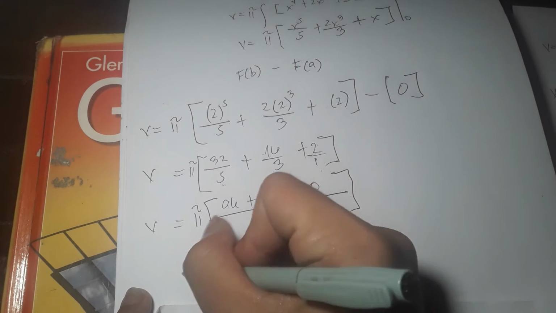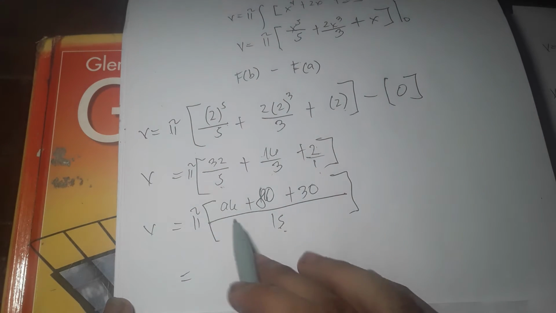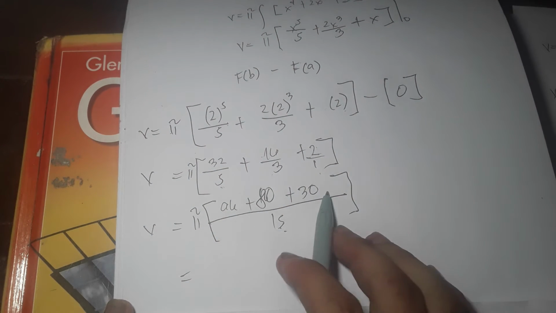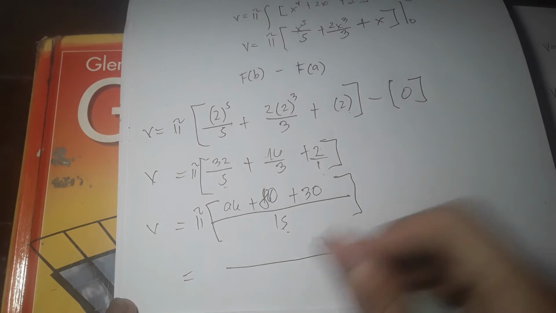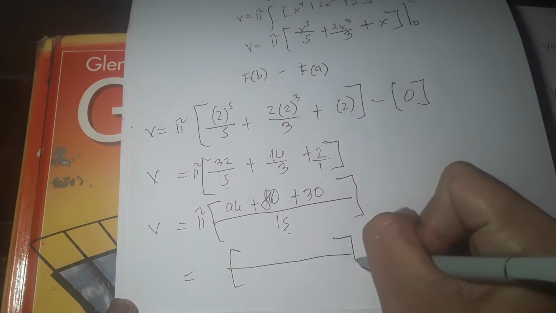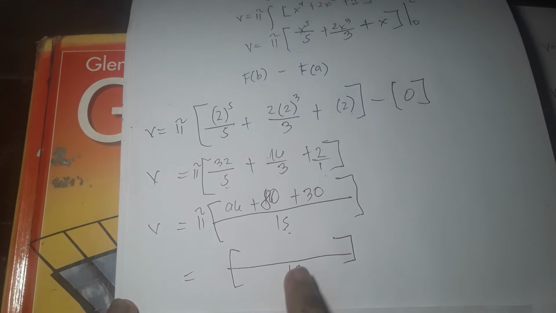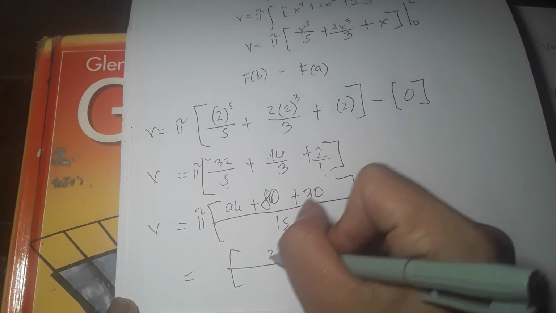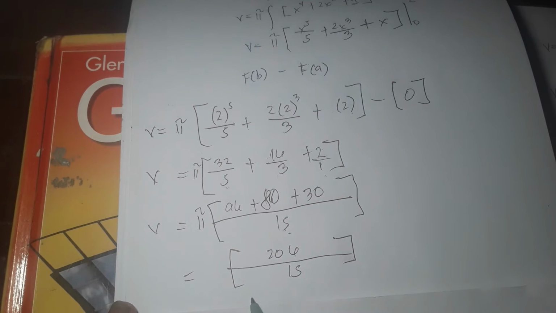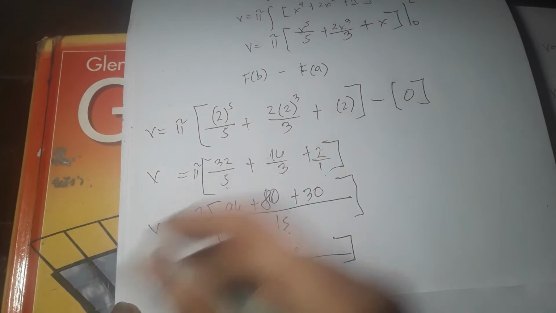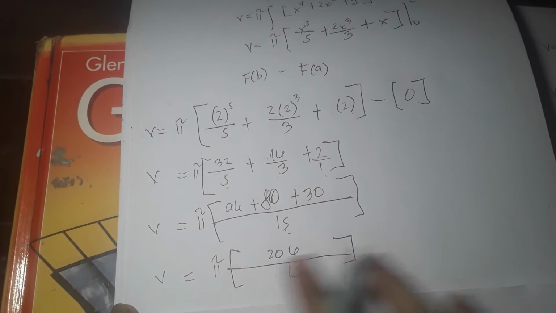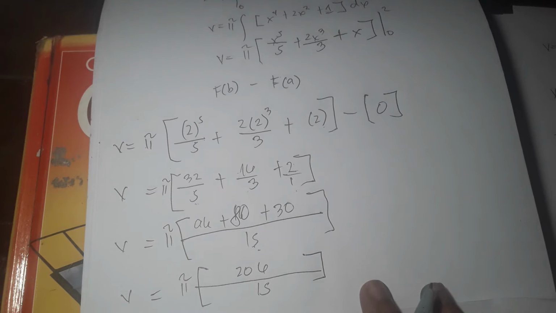Let's simplify this one by adding 96, 80, and 30. So this would result as 15 over 15 and then 206. We have here pi, and then the volume is equal to this function.